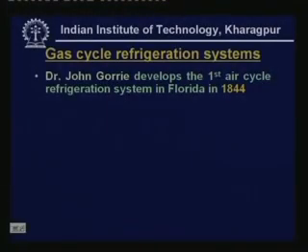The first gas cycle refrigerant system was developed by John Gorey in 1844. Actually, John Gorey is not a scientist, but he was a doctor. Not a scientist means he is not a mechanical engineer or a refrigeration engineer, but he was a doctor, and while treating his patients suffering from fever, he was in need of large quantities of ice, and he had difficulty in getting ice using any of the natural methods.